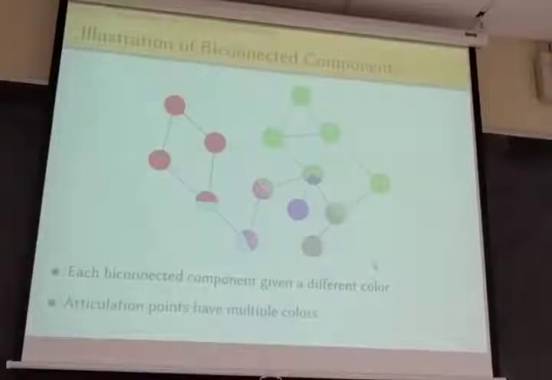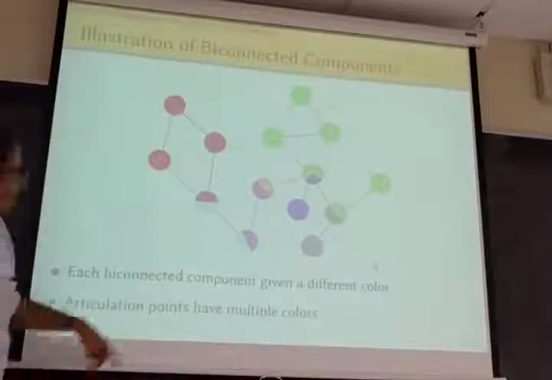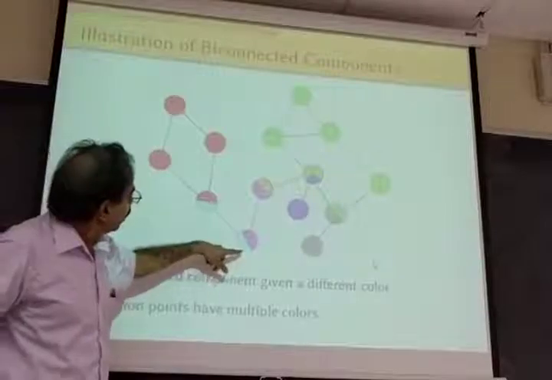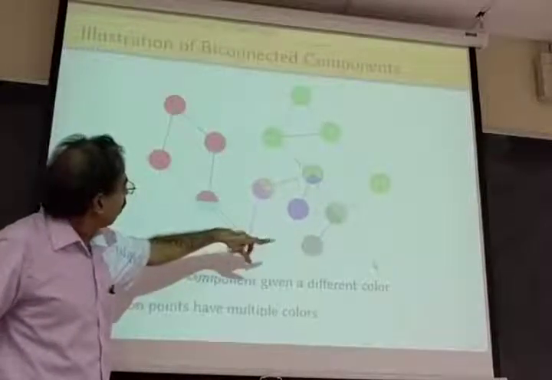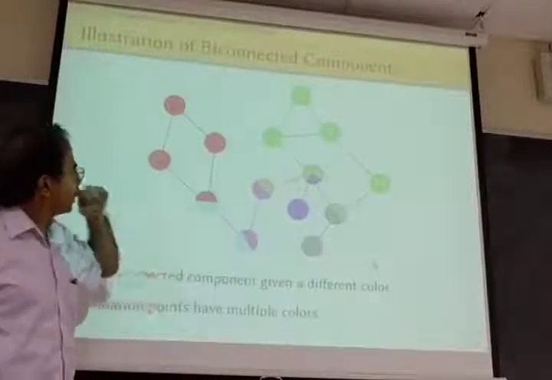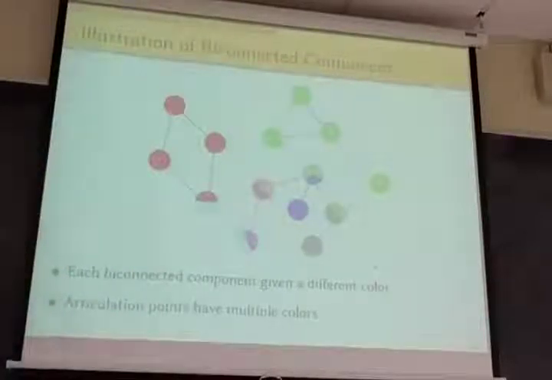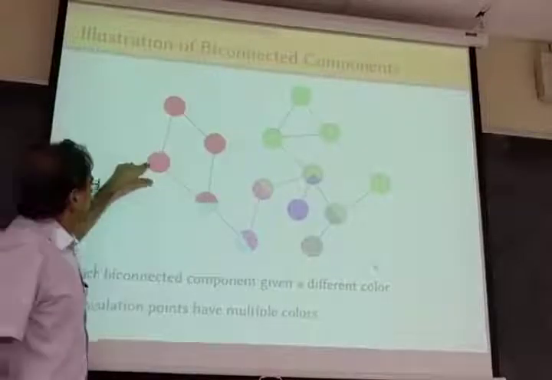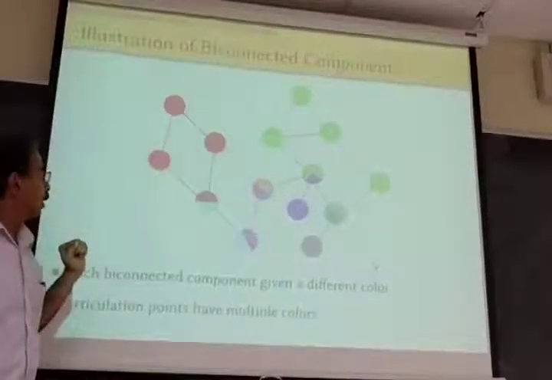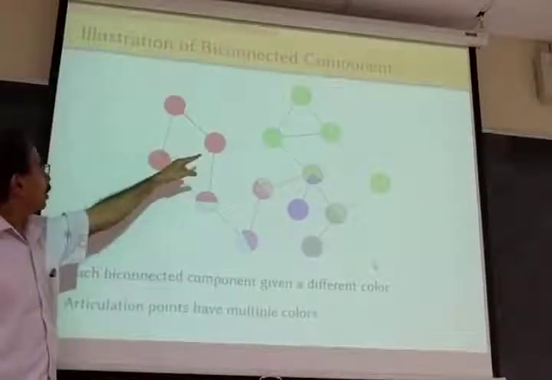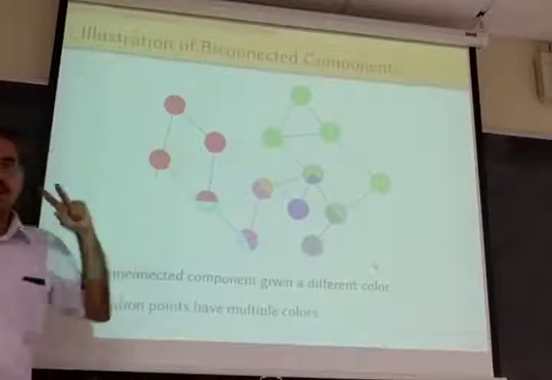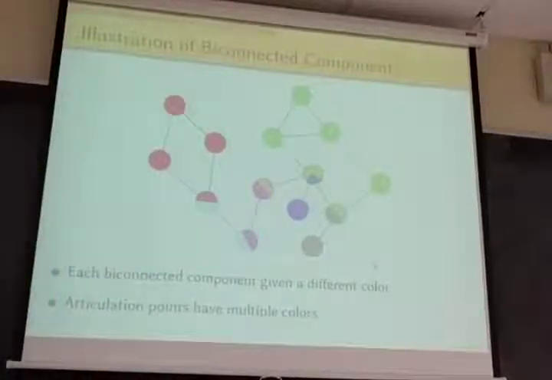So there are 1, 2, 3, 4, 5, 6 components in this graph. Okay, so you can see that, for instance, these 4 constitute a bi-connected component because given any pair of vertices, there are 2 node disjoint paths.